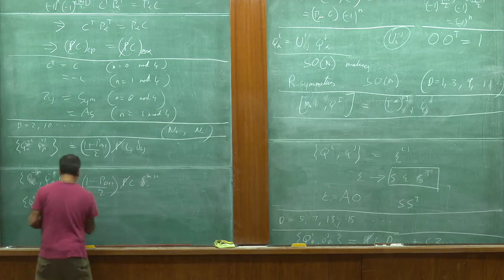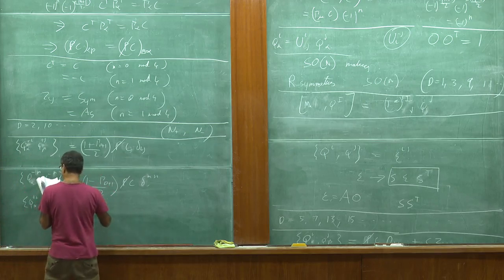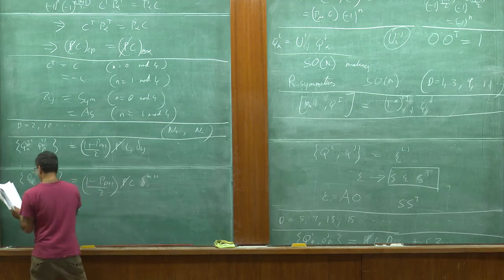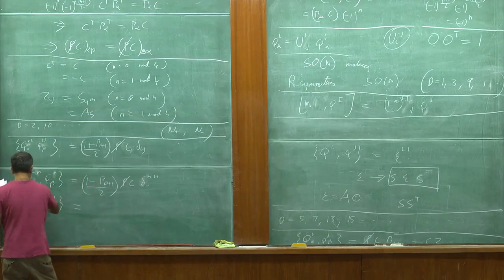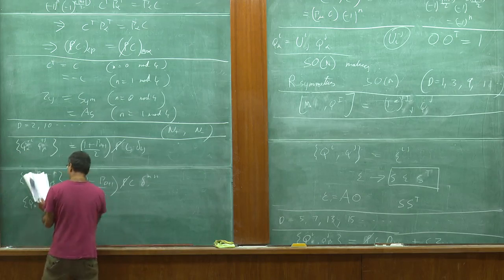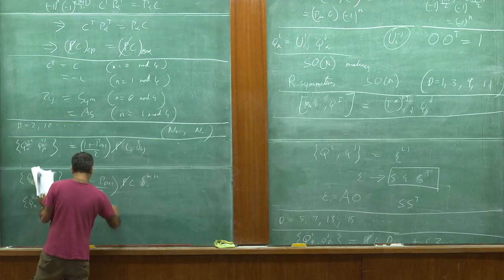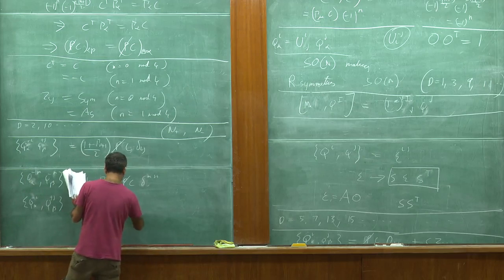And this guy is, they want me to do minus and plus, I'll do that first. Oh, it doesn't matter, it's just which one has the index here. 1 minus gamma_{D+1} over 2, times C times Zij.